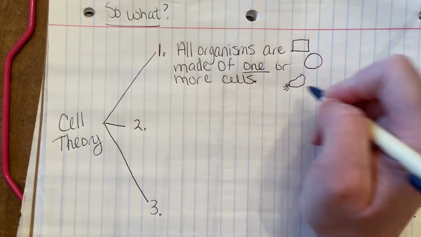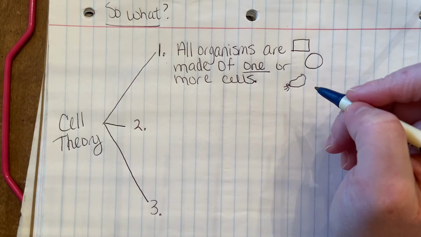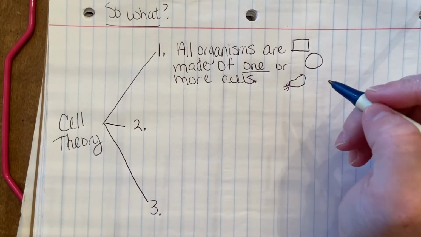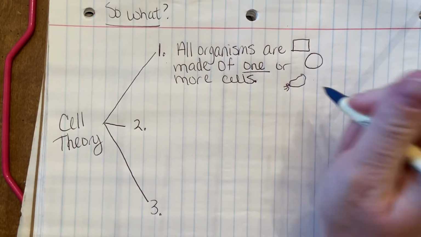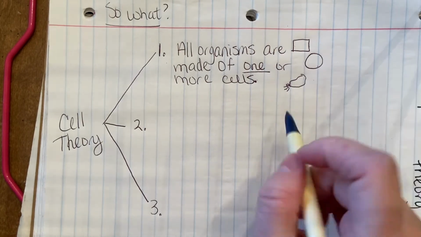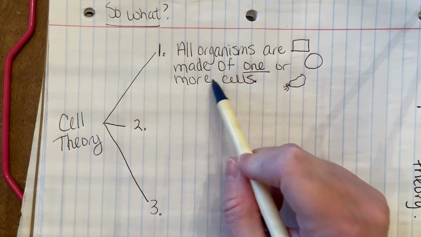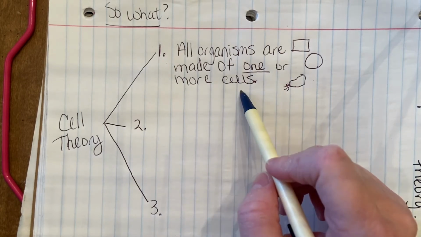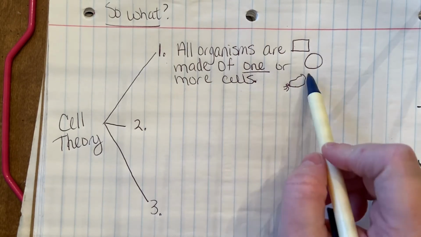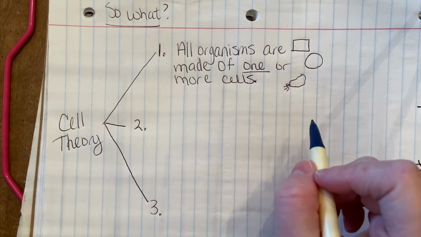Okay, and they have these little tails because it helps them to just find their way. Okay, so remember that bacteria cells are made up of one cell, and then animals, plants, fungi are made up of many cells, one or more cells, okay?